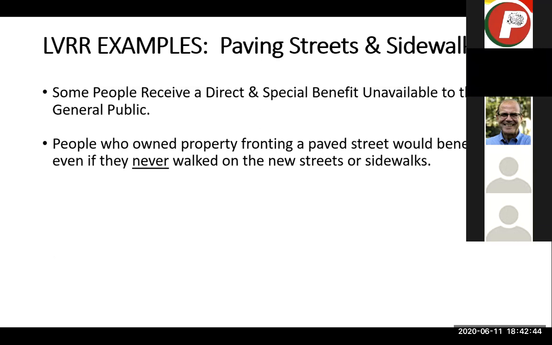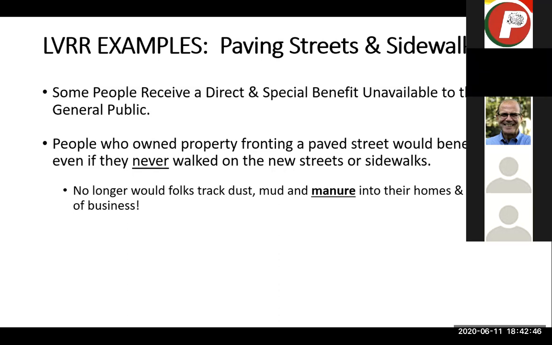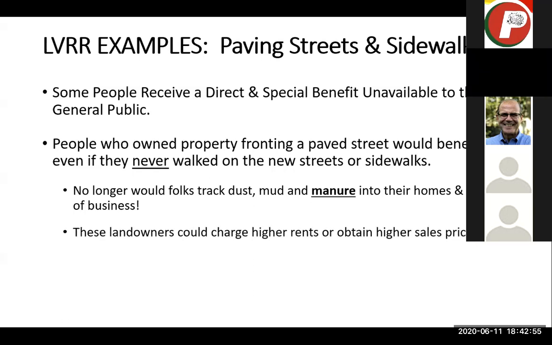And what would those benefits be? Well, no longer would people be tracking dust, mud, and manure into their homes and places of business. And as a result, these landowners could charge higher rents or obtain higher sales prices for their land.